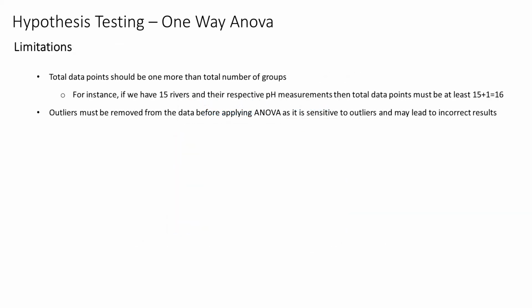When using the one-way ANOVA test, keep in mind that the total data points should be more than the total number of groups. Be sure to remove outliers from the data before applying this technique, as this method is sensitive to outliers and will lead to incorrect results if outliers are not removed.